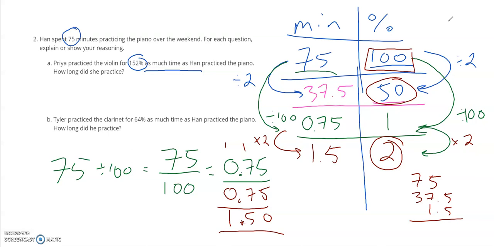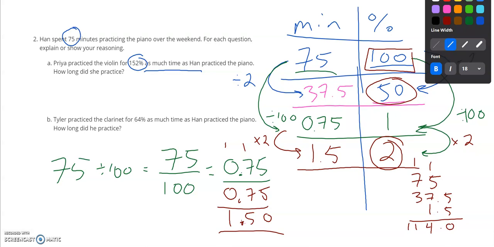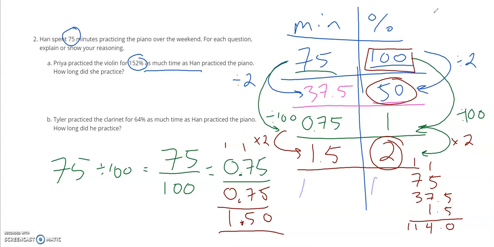I know that a half and a half is 1 whole, so I'm going to carry the whole. 5 and 7 is 12, plus 2 is 14. 7 and 3 is 10, plus 1 is 11. So if we're looking at 152%, we're going to get 114 minutes.